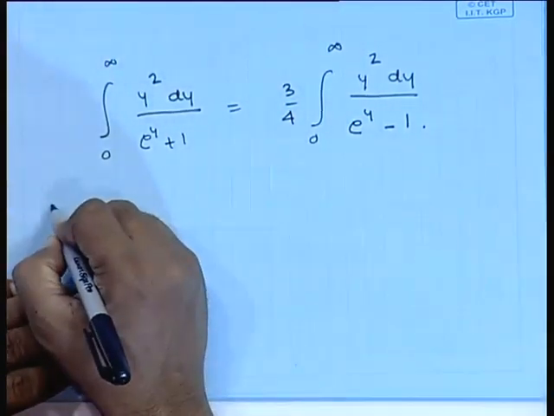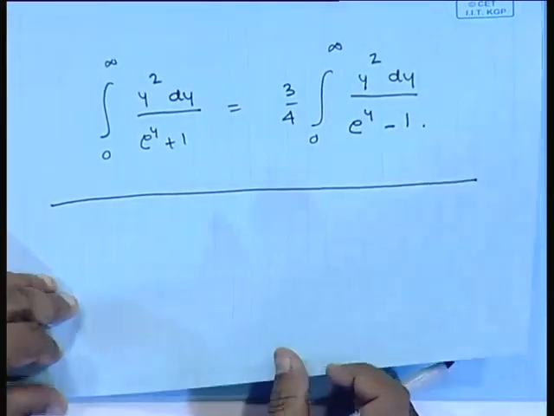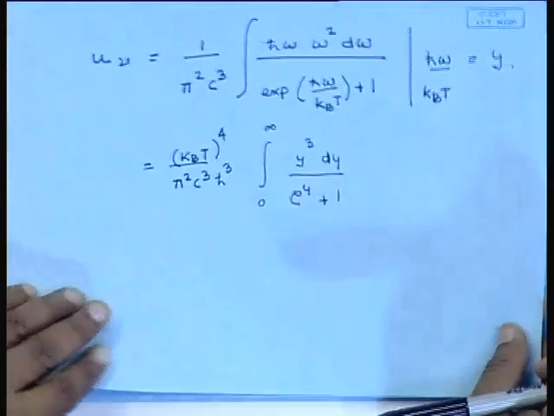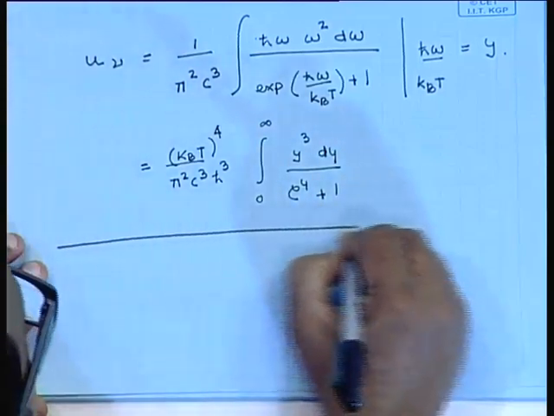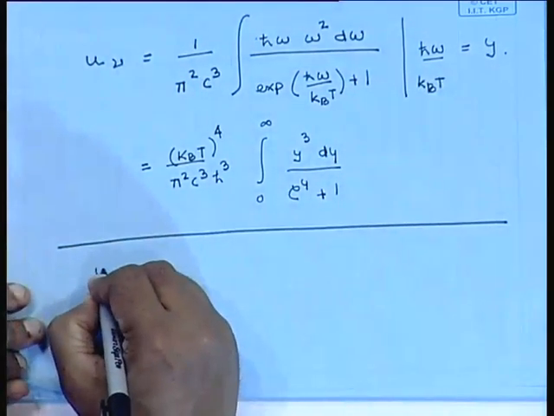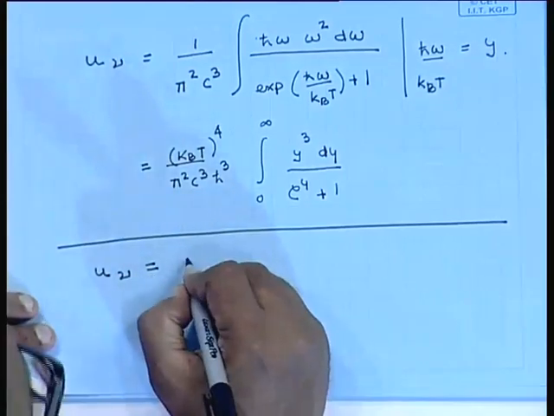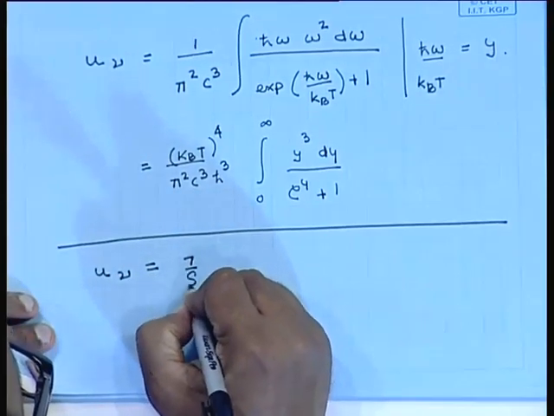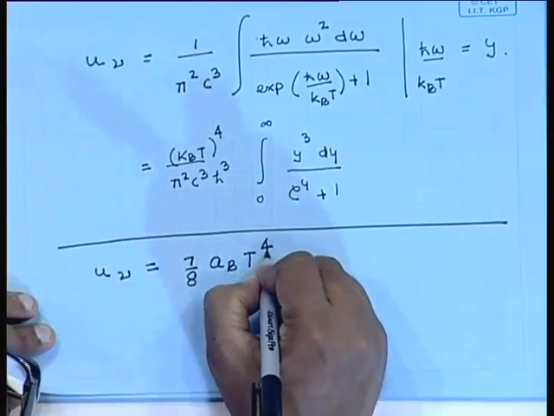Okay. So, what is the consequence of this? The consequence of this finally is that the energy density of the neutrinos is 7/8 of what I would have for the bosons.